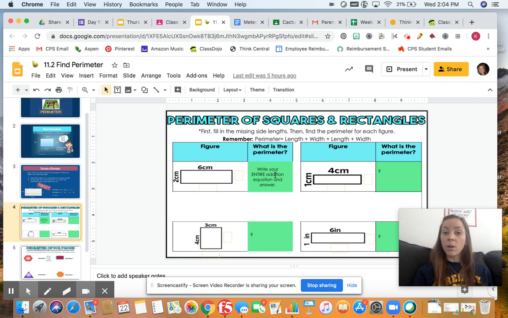Then over here, you need to figure out the perimeter of that whole shape. So write your whole addition equation. Right up here, I gave you a reminder. Perimeter equals length plus width plus length plus width, right? So 6 plus 2 plus 6 plus 2. So you're going to write that and your answer right here. Okay, so you're going to do that for all of them.